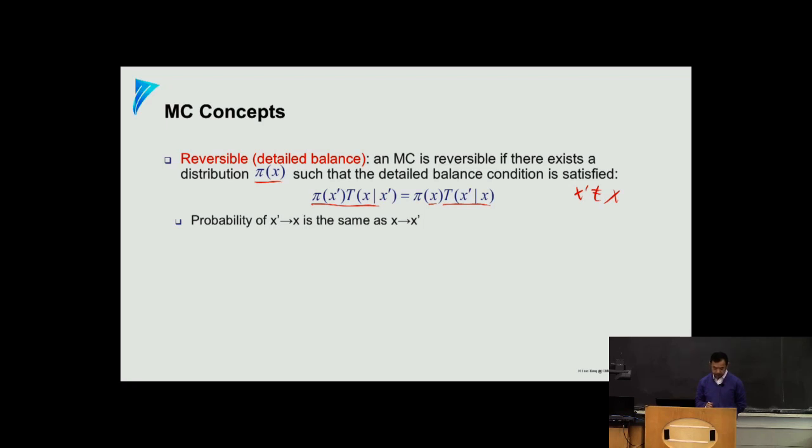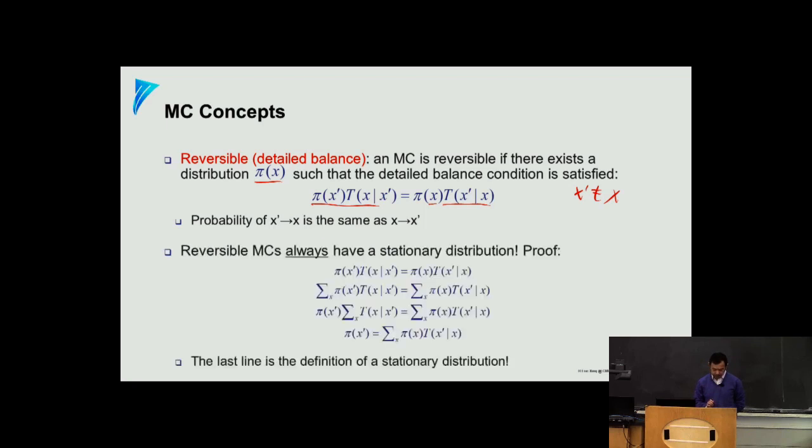That's called detailed balance. And when you have detailed balance, which defines a reversible MCMC, you can show that it always satisfies the so-called stationary distribution.